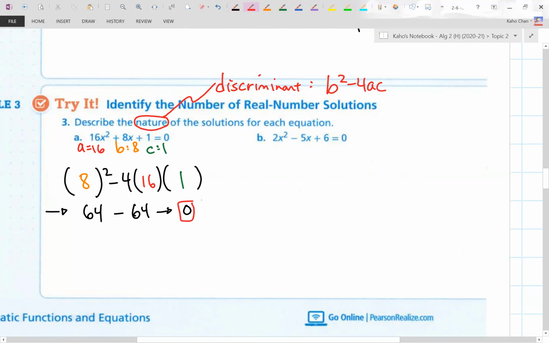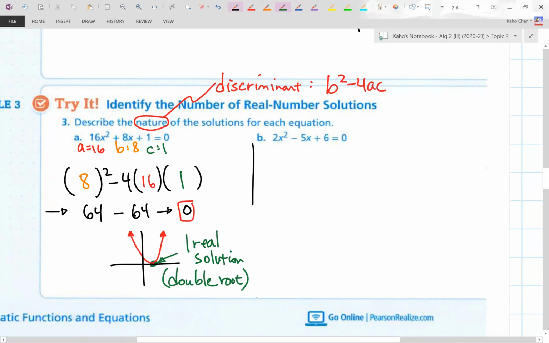So imagine that being underneath the radical, and there's a plus or minus. So it is a one solution situation because the parabola hits in one spot. I'm not guaranteeing that that's the picture of it. I'm just saying there's only one spot. This is one real solution. We also call that a double root. It's the same answer twice.